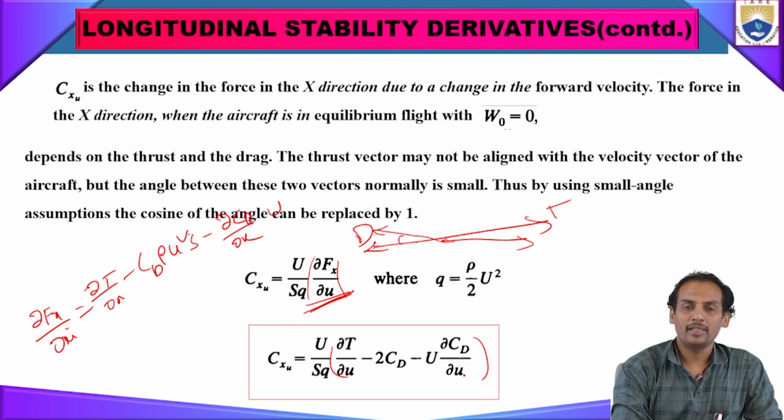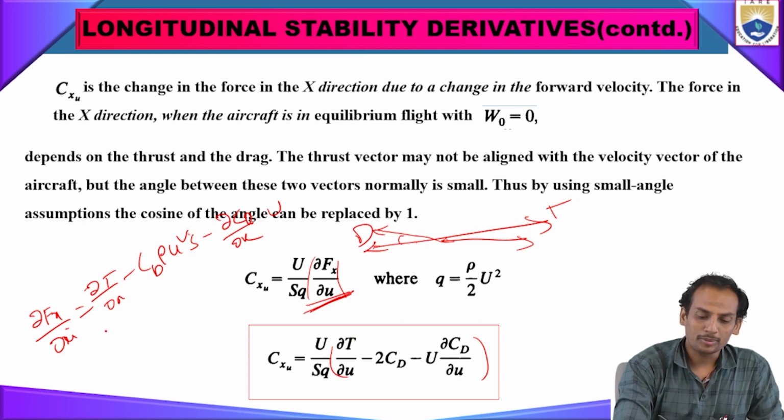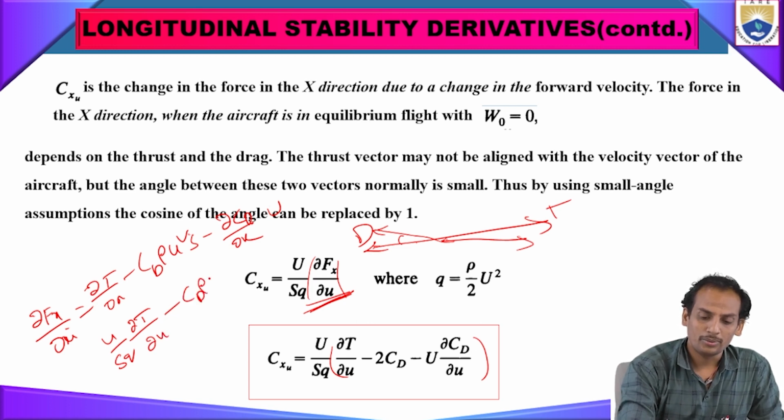So if you multiply with u by SQ, it will be u by SQ into ∂T/∂u minus CD ρ u² S into u by SQ. S and Q we already gave, Q is half ρ V².